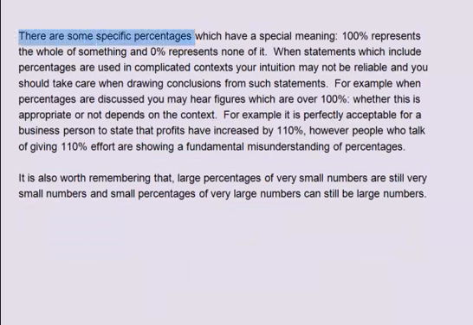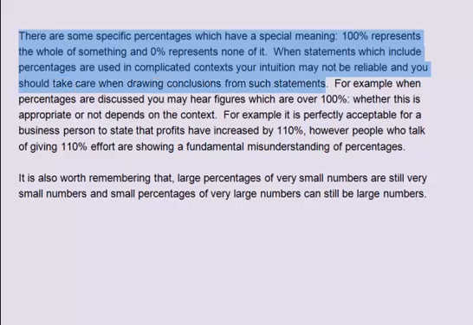There are some specific percentages which have a special meaning. 100% represents the whole of something and 0% represents none of it. When statements which include percentages are used in complicated contexts, your intuition may not be reliable, and you should take care when drawing conclusions from such statements. For example, when percentages are discussed, you may hear figures which are over 100%.